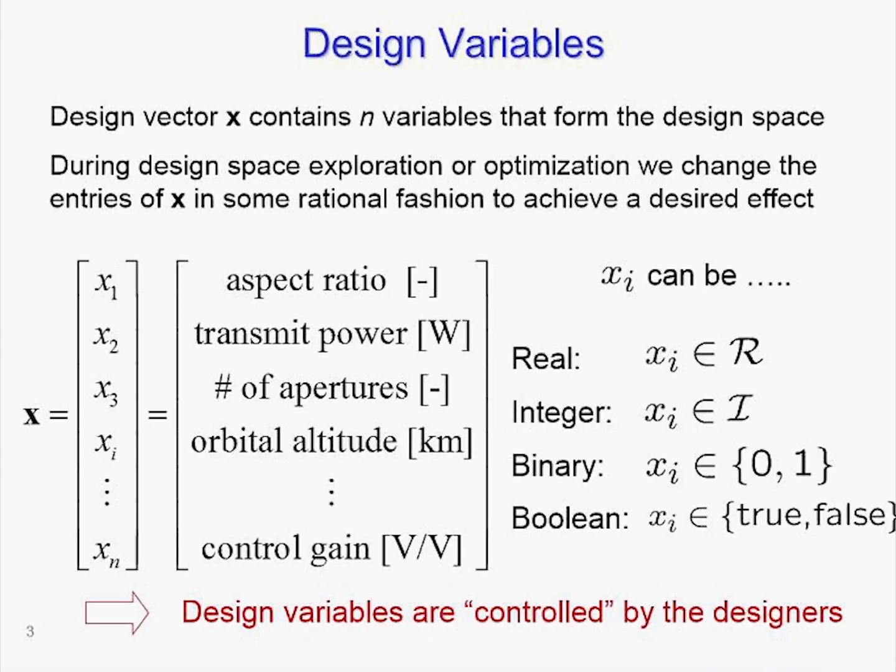Yep. Wingspan, yeah. So wingspan would be one. What else? Number of rotors or motors? Number of engines? Okay, sure. Number of motors or engines. Yep. What else?